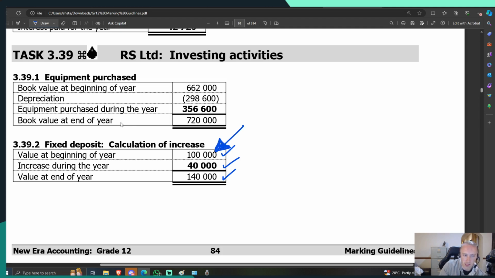If it was an extract from the cash flow statement, there would be a line item saying changes in fixed deposit, and in the little box on the right, in brackets, it would say 40,000 because we had a decrease in cash, or an outflow of cash due to that increase in our fixed deposit. All right, let's go back.